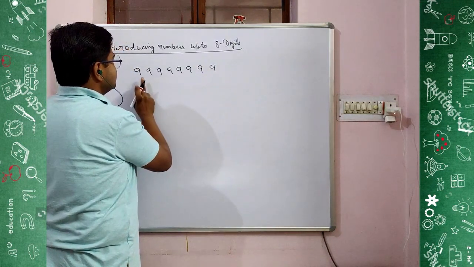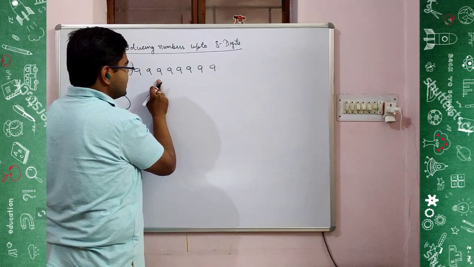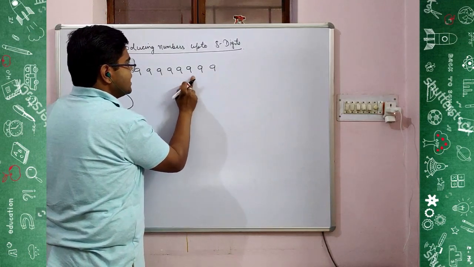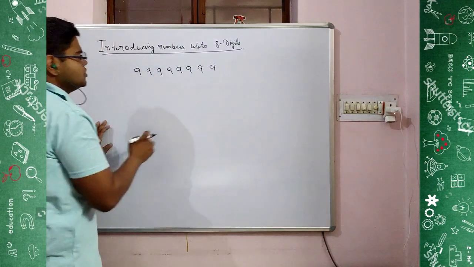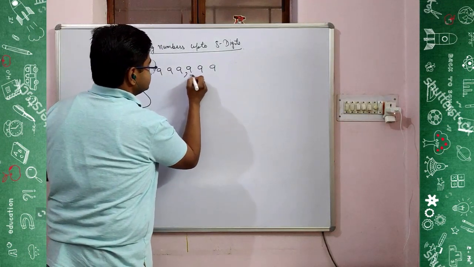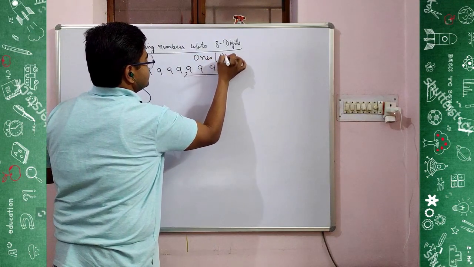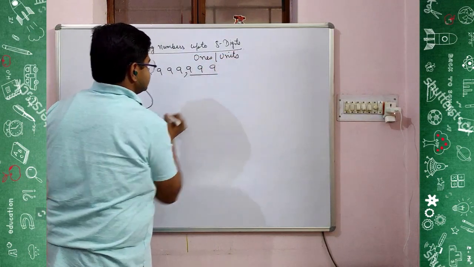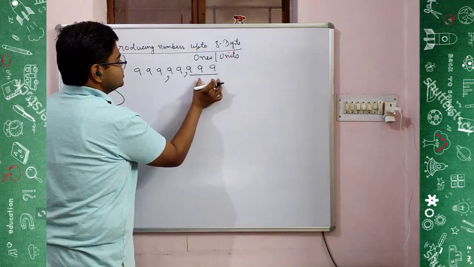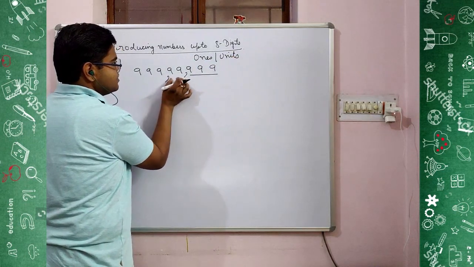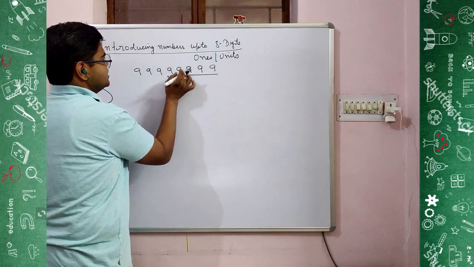So this is your 9 crore, 99 lakh, 99,999. So children, these three digits are called ones or units.